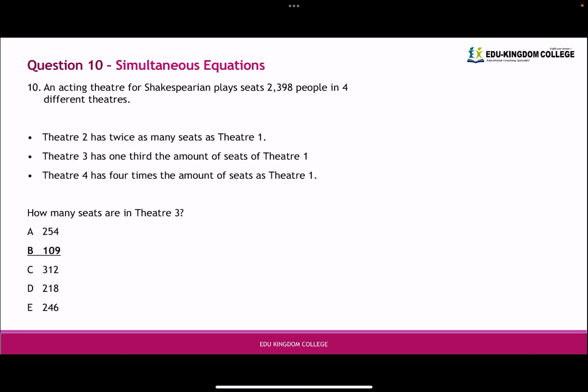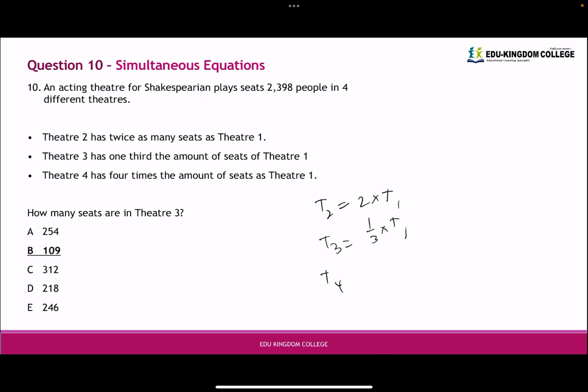Alright, an acting theatre for Shakespearean plays seats 2,398 people in 4 different theatres. Theatre 2 has twice as many as theatre 1, so T2 equals 2 times T1. Theatre 3 has 1/3, so T3 equals 1/3 of T1.